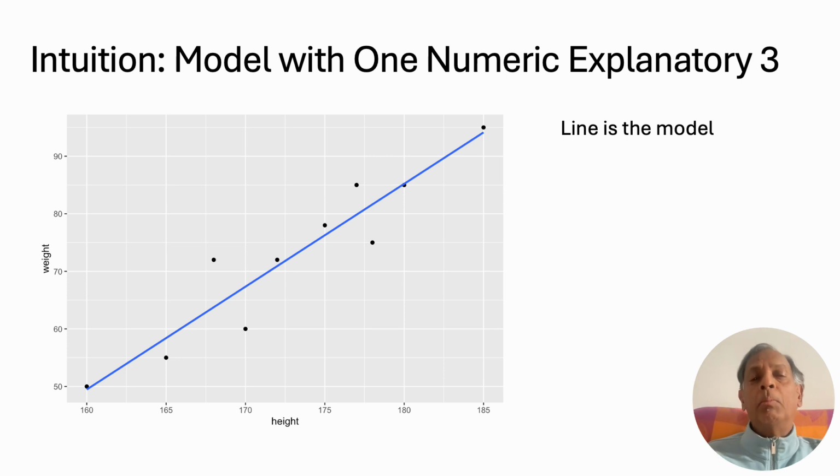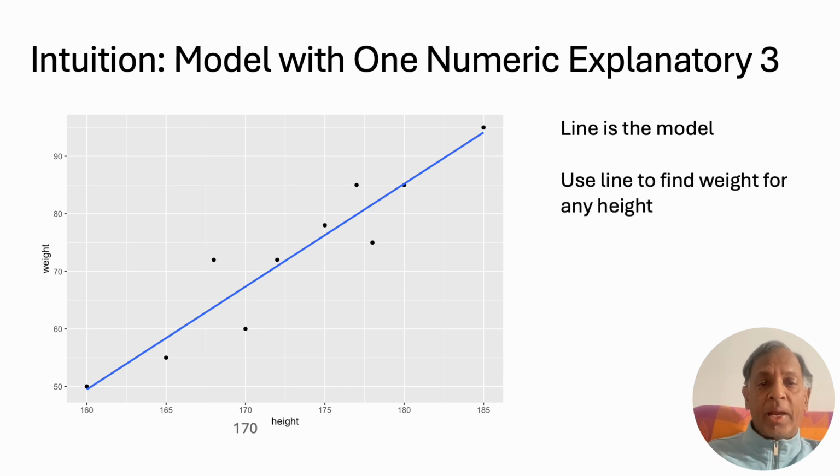So now we've got a model, meaning it can help us to make a determination. You've told me that the height is 170 centimeters, so I put the height right here. I draw a line from 170 centimeters height to intersect our model line, and then I draw a horizontal line.